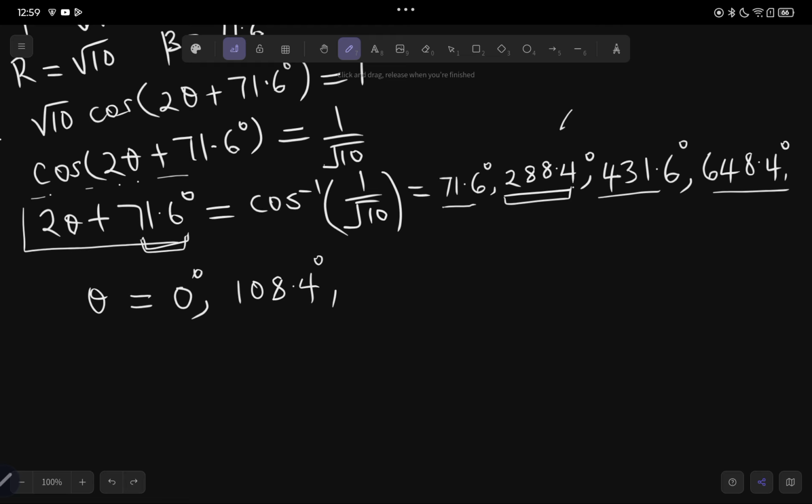We shall go to 541.6 minus 71.6, you remain with the 360, divided by 2, we get 180 degrees. We got the last one, 648.4, take away 71.6, divide by 2, I end up getting 288.4 degrees.